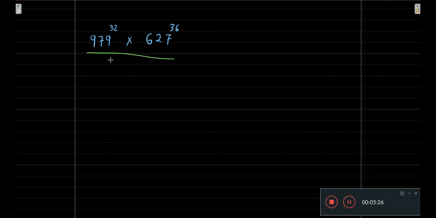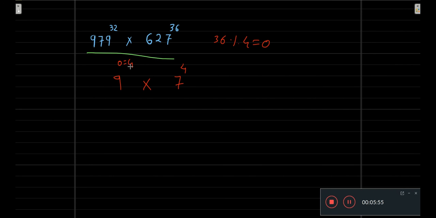If we divide 32 by 4, it gives remainder 0, so we take 0 as 4. So 9 to the power 4 multiplied by 7. 36 divided by 4 gives remainder 0, so 36 mod 4 is 0, which is nothing but 4.